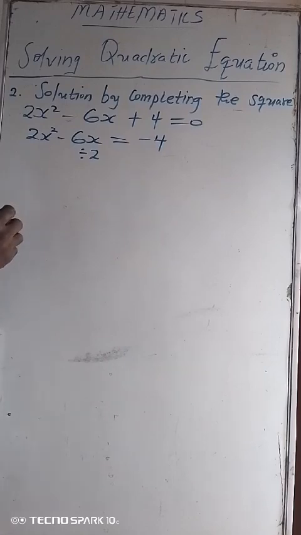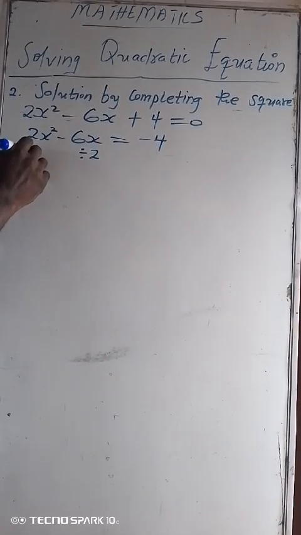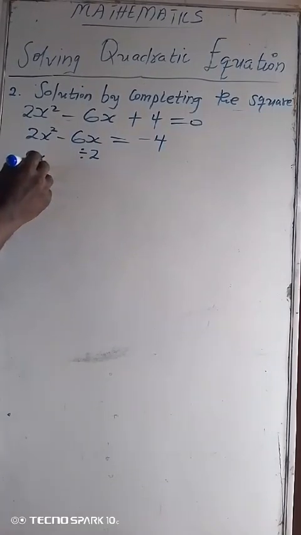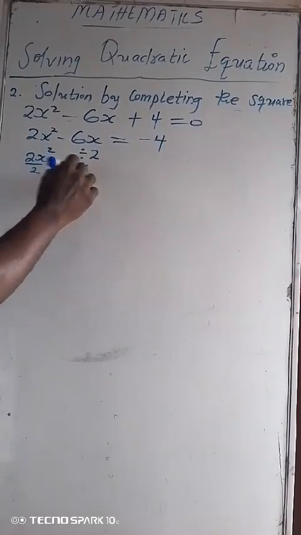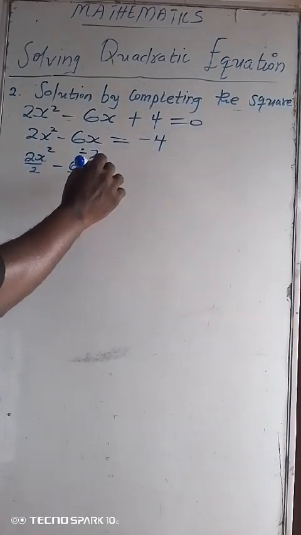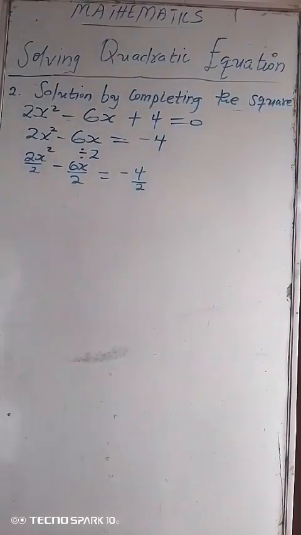So it's going to be 2x squared divided by 2 minus 6x divided by 2 is equal to negative 4 divided by 2.